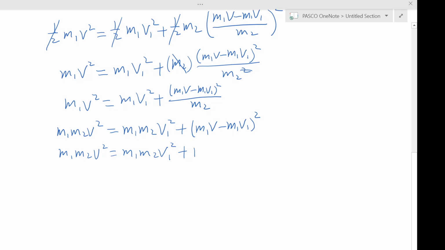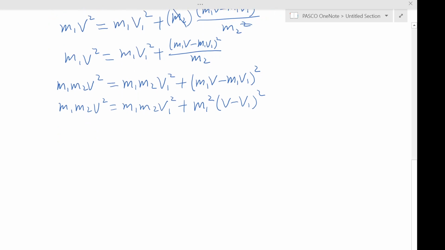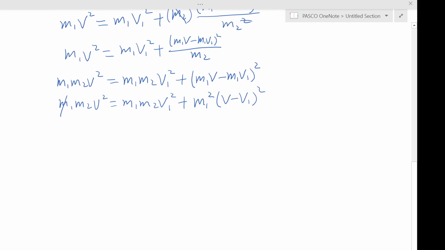Then I square it. I have m1 squared times (v minus v1) squared. Okay, so I can cancel out one of the m1 here. And I have m2 v squared equals m2 v1 squared plus m1 (v minus v1) squared.